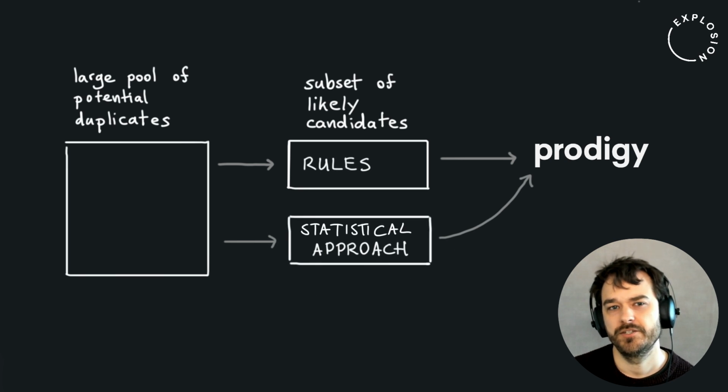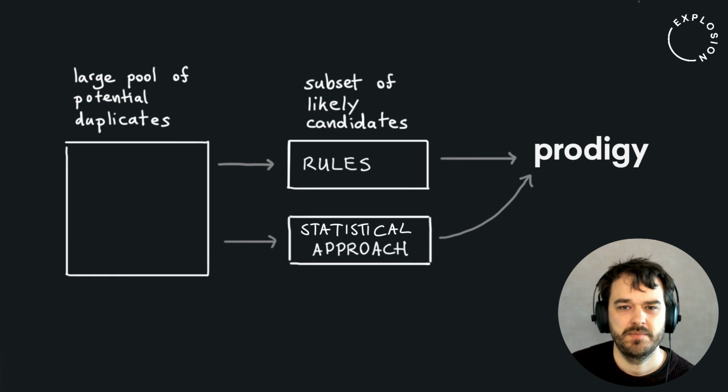Thinking beyond these rules though, we might also consider a more machine learning or statistical approach. The goal here isn't to replace the rule-based system, rather to come up with something that can complement what we already have. The thinking here is that there might be duplicate patterns that are very hard to capture with rules, and it's certainly possible that some of these patterns are more easily captured with a more numeric approach.